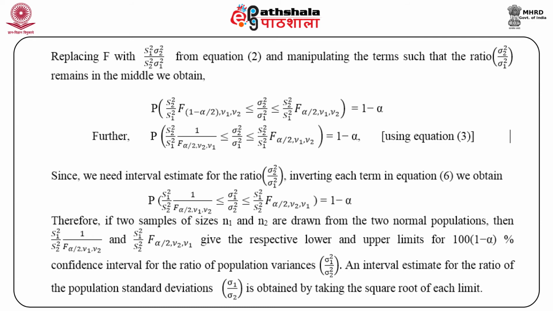An interval estimate for the ratio of population standard deviations, which is sigma 1 upon sigma 2, is obtained by taking the square root of each of these limits.